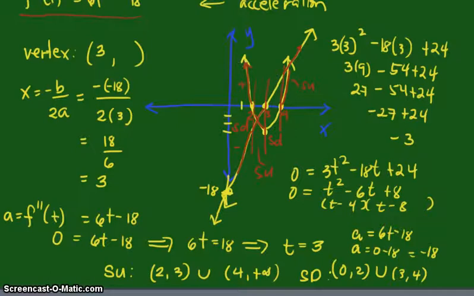For the parabola, you need the formula x equals negative b over 2a to find the vertex, and you have to use the idea of intercepts to find where exactly the graph crosses the x-axis. For the line, you also use the intercepts. If you want to look for the x-intercept, you set y equal to 0. If you want to find the y-intercept, you set t equal to 0.